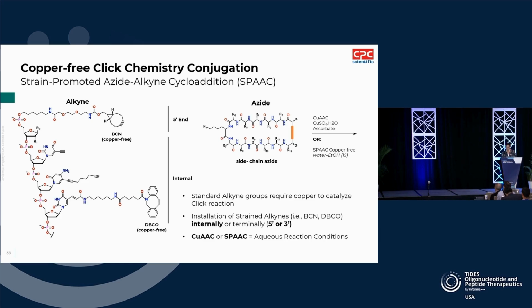Notably, this not only eliminates the need for copper, but also enhances the reaction rates due to the kinetic benefits of the ring strain. Whether we use the traditional copper-catalyzed or copper-free conditions, the reaction can be performed in environmentally friendly solvents such as water or ethanol.